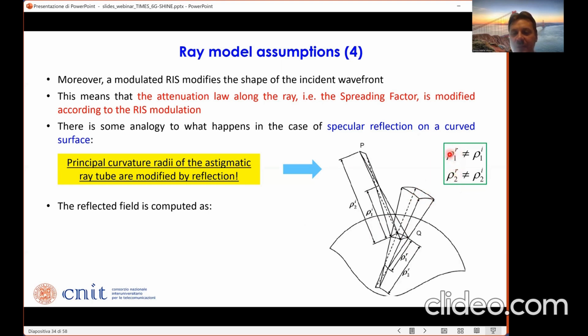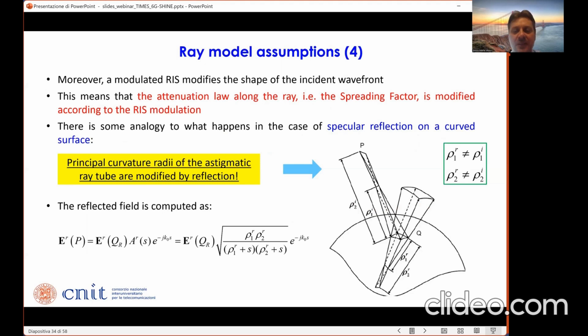So we will have a reflected curvature radius ρ1, which will be different from the original curvature radius ρ1 of the incident wave, and the same applies to the second curvature ρ2. So the curved shape of the surface, even in the case of regular surfaces, in general changes the shape of the waveform, and in the end the spreading factor after reflection.